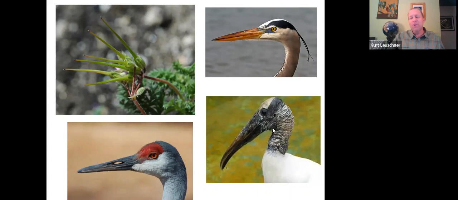Here's a wood stork, lower right. Here's a sandhill crane. So is it a crane's bill? Is it a stork's bill? Or is it a heron's bill? Or is it all three? You get different books, you'll see it called different things, but it's all filaree. These birds don't care.